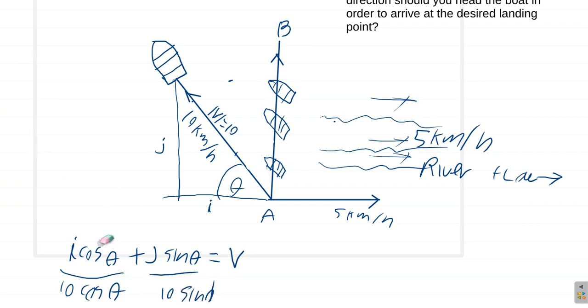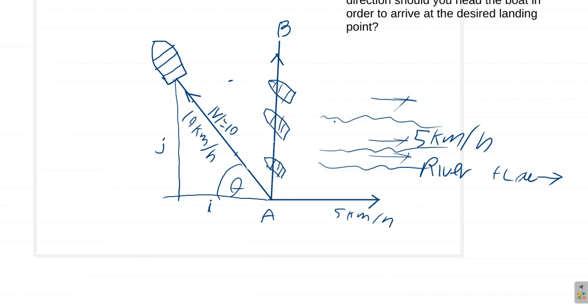Oh, it's my mistake, but let me redo that part again. The magnitude of this vector is 10, because it's 10 kilometers per hour relative to the water.